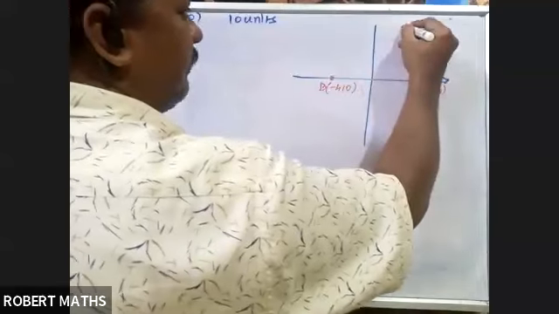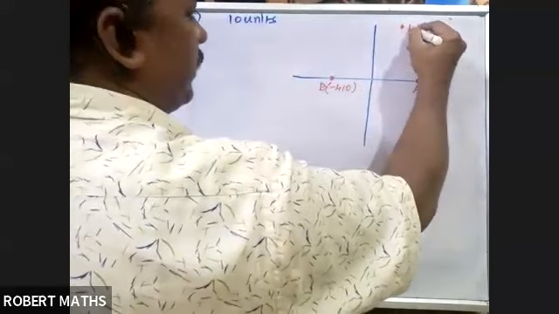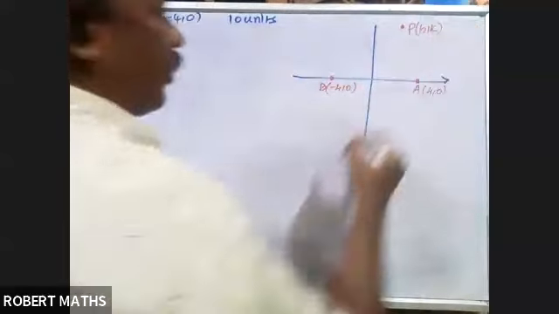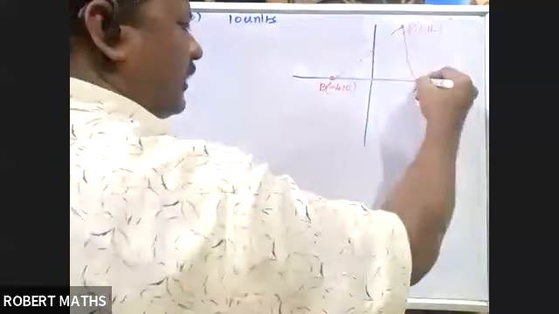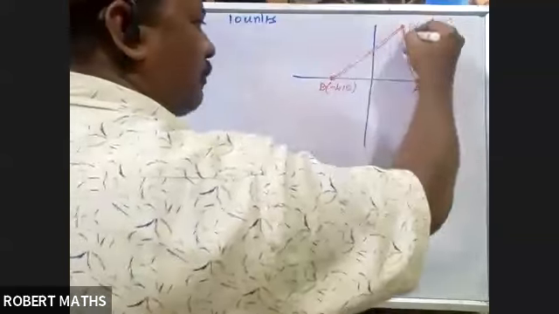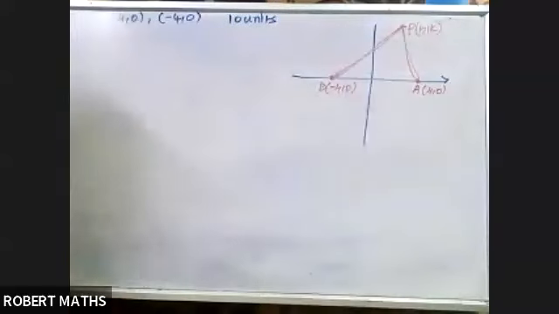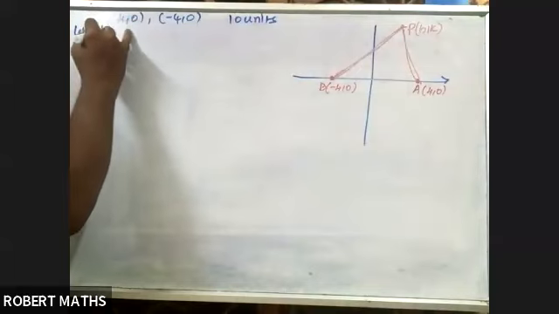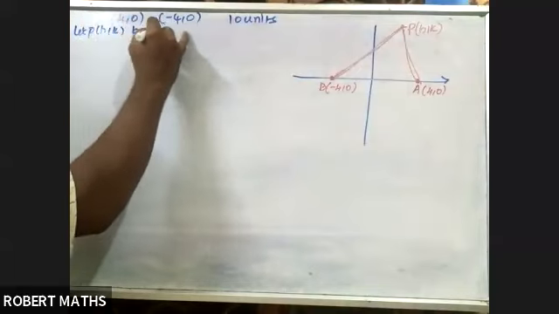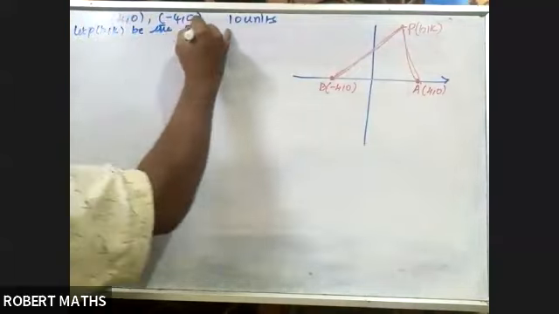I'm choosing the point, there is a moving point, the locus h, k. Join this. They have given the sum of these two, PA plus PB, is always equal to 10 units. According to the problem, let P of h, k be the moving point or the locus point.